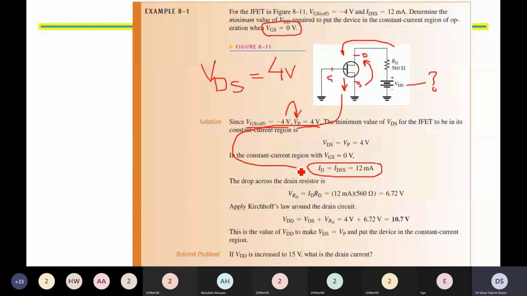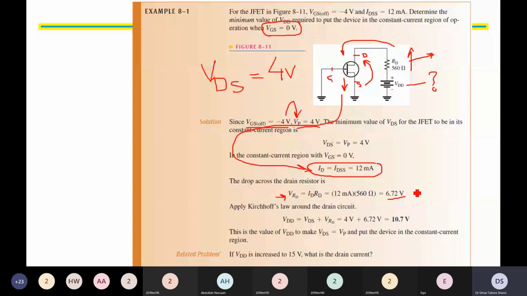Now we see a resistance RD, and through this resistance RD, there is a current ID flowing. Hence, the voltage drop across RD, VRD, is equal to ID into RD, which is 6.72 volts. From where did we get this 6.72 volt?